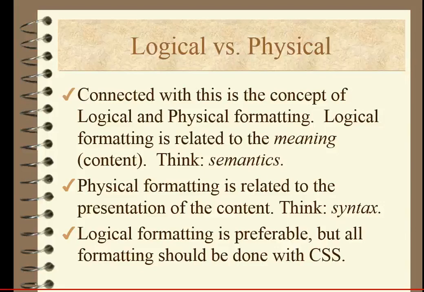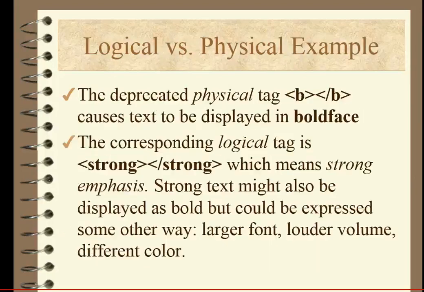So the new way of doing that is strong. And similarly, if I want to talk about text that's got just emphasis, instead of saying that it's italic, I'll have a markup that'll say emphasis. That might be rendered as italic or bold, but it's a little different, and you want to think about this. It's semantics, the meaning. So we want to go with the semantics rather than with the physical description.